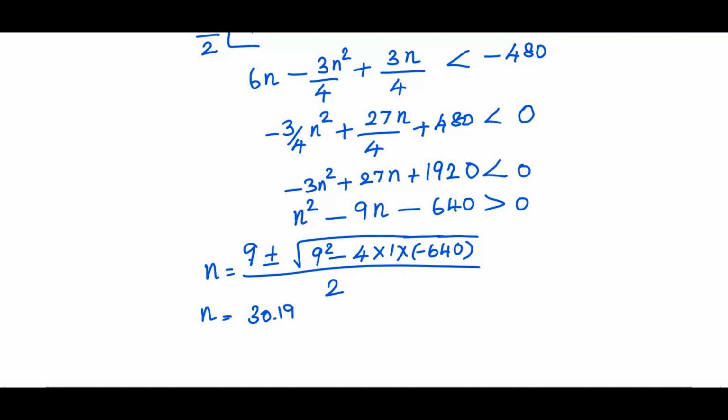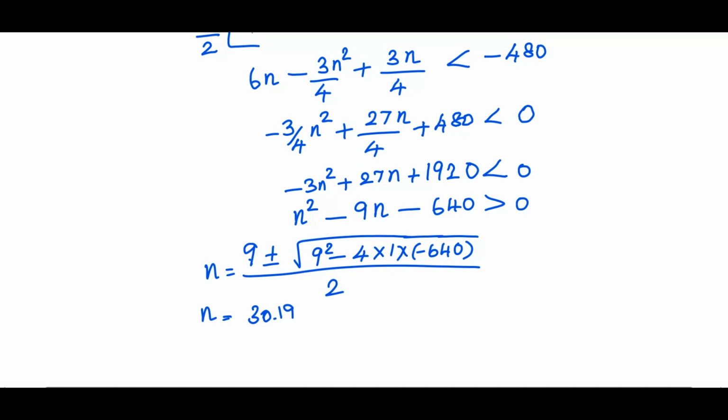The other value we are getting is a negative value. n is the number of terms in a sequence, so n cannot be negative. So we will take the n value as 30.19, that is the positive value.